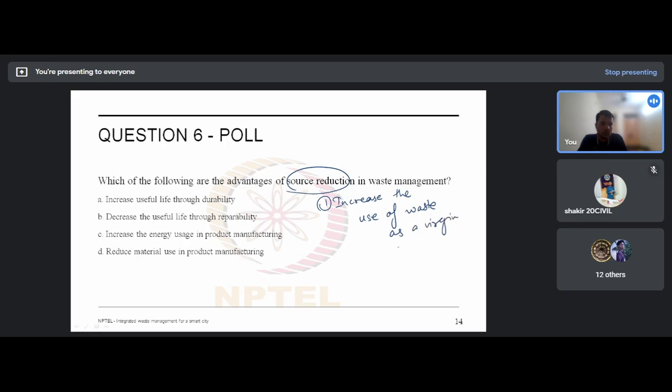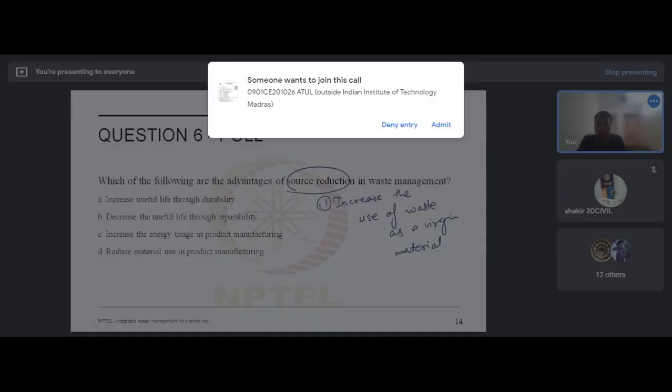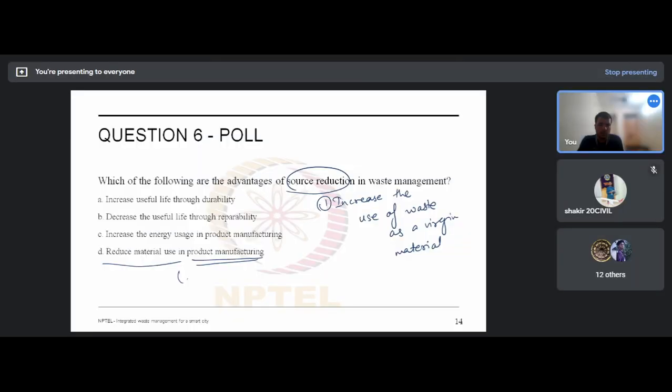So we want to use the waste itself in production. That would be reducing the material use in product manufacturing. Instead of mining for the material, we would recycle the waste and use it in product manufacturing. So that is one of the options. I think someone said D. So D is correct.